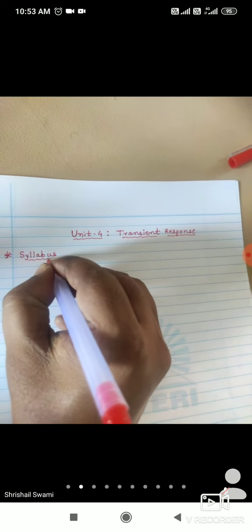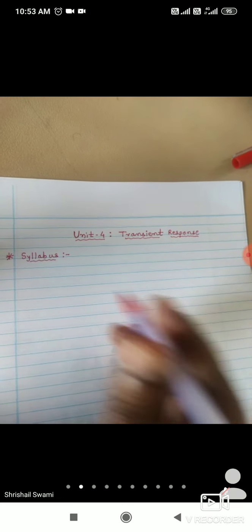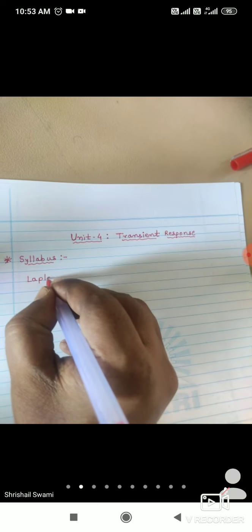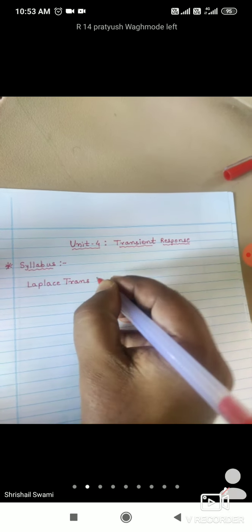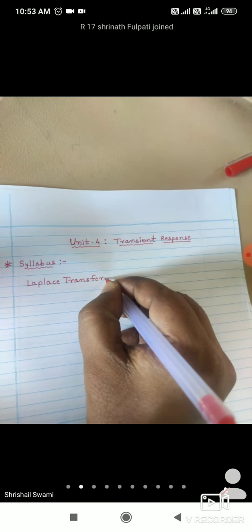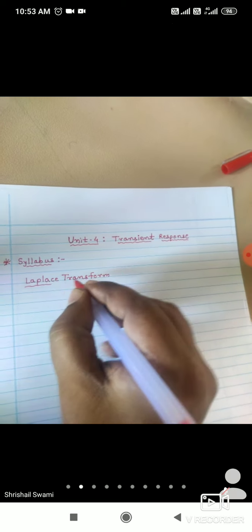We will start according to our triple P pattern. First of all, we will see the syllabus for this unit. From the syllabus point of view, I will write that we have to use the Laplace transform.